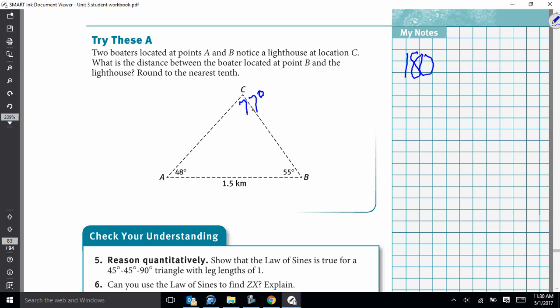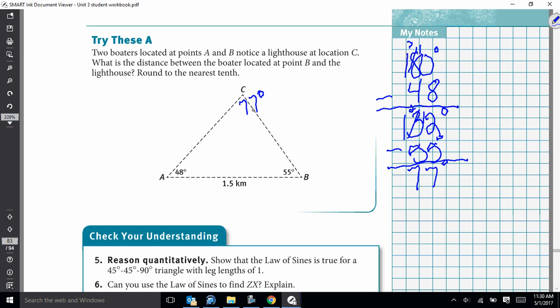They all have 180 degrees, minus 48 degrees, and that gives us 132 degrees, and then we subtract 55 degrees. And that gives us 77.